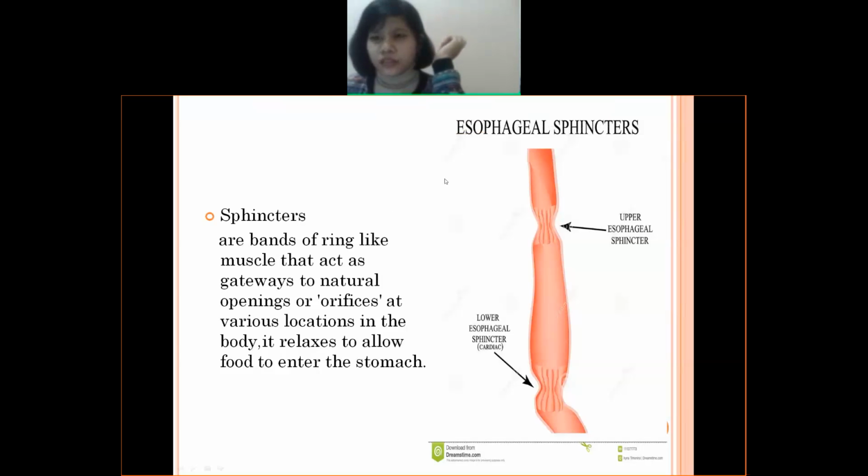It means it's ring-shaped, ma'am, and it's located in the body, which relaxes to allow the food to enter the stomach.